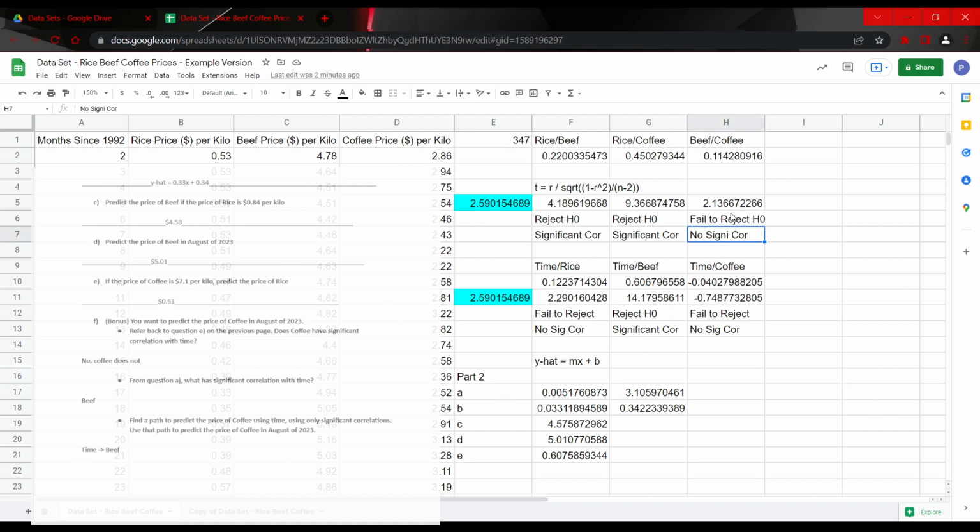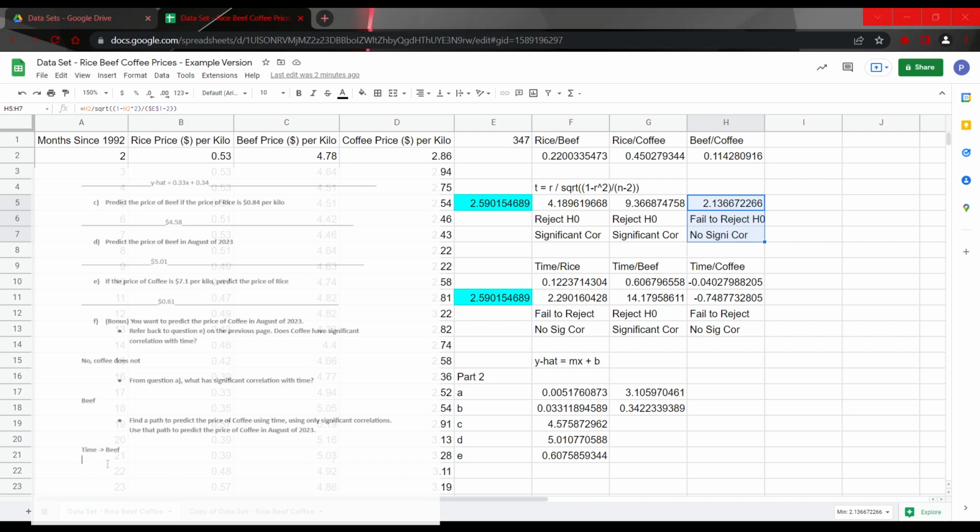You can see here, beef and coffee do not have any significant correlation. So from beef, we need to take a detour to convert beef to rice, and then we can convert from rice to coffee.